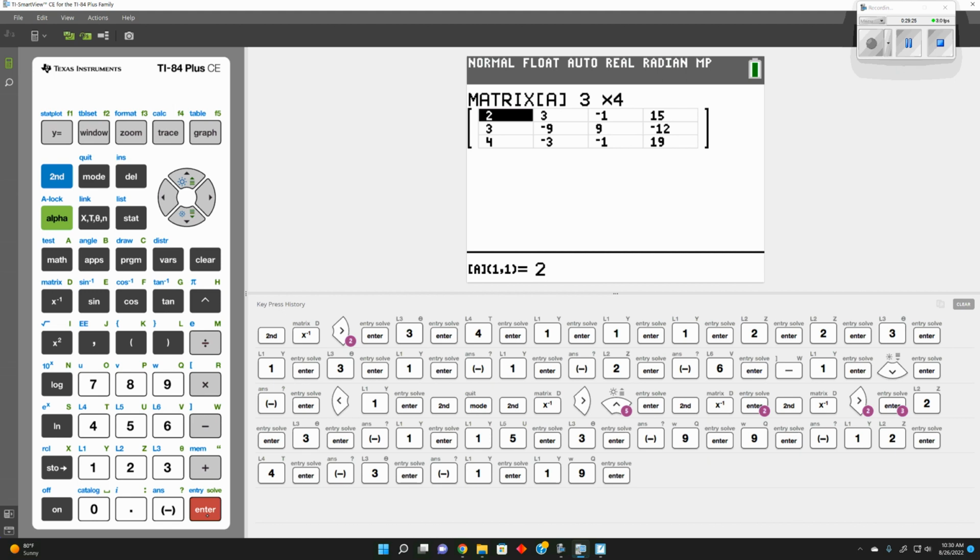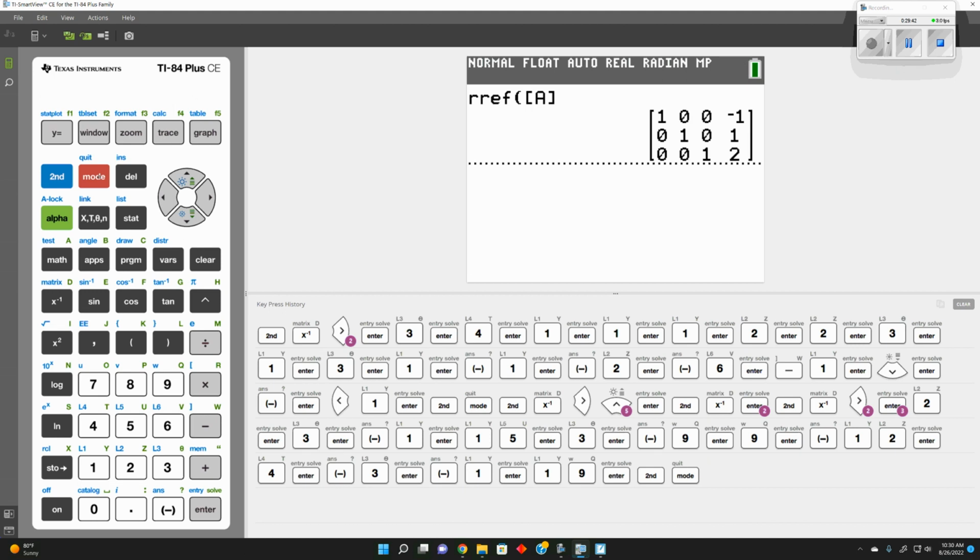Now, especially if you're doing multiple of these, it's good to edit the same matrix for the next step I'll show you. So, did we get it typed in? Once you get it typed in, hit second quit to get out of this mode.